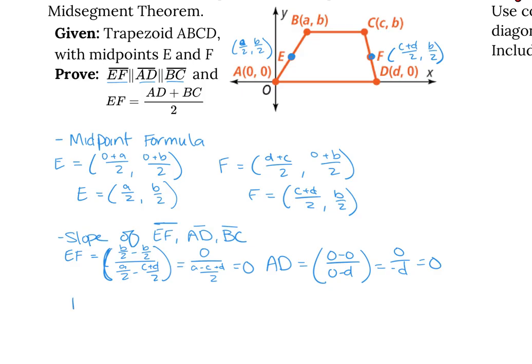And then we will check BC. Okay, again, I've got 0 on top, so this is just 0. So all of my slopes are 0. They are all equal to each other.